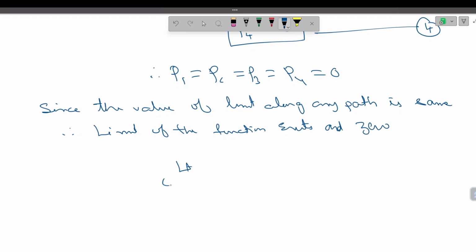So the limit as (x, y) tends to (0, 0) of (x cube minus y cube) by (x square plus y square) equals 0.